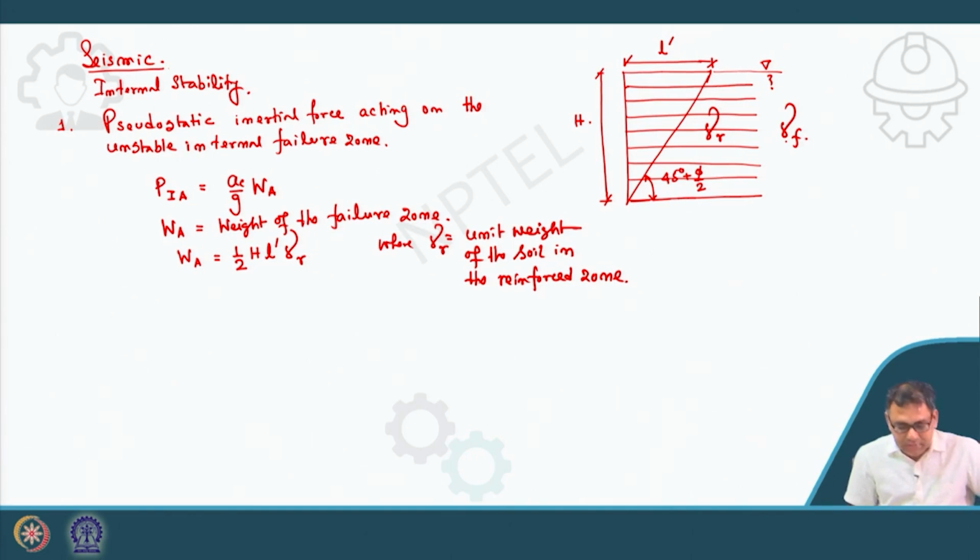How will I calculate the A_C? So, that means the peak acceleration at the centroid of the reinforced zone.